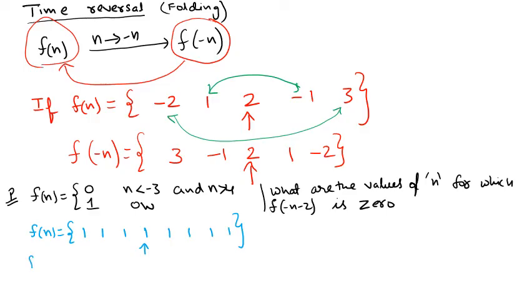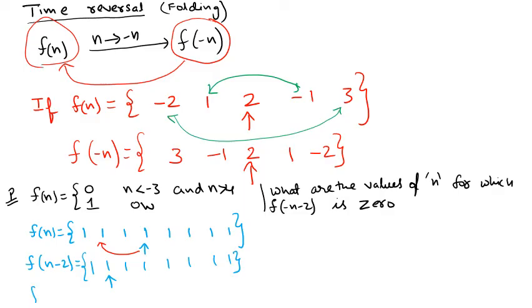So what is f of n minus 2 first? f of n minus 2 can be easily obtained by shifting this arrow left by 2 time index. So it will be equal to 1, 1, 1, 1, however this arrow will be here.